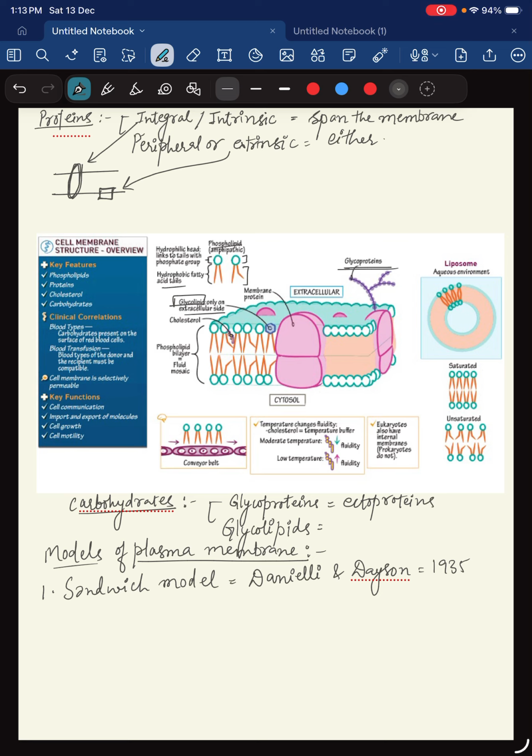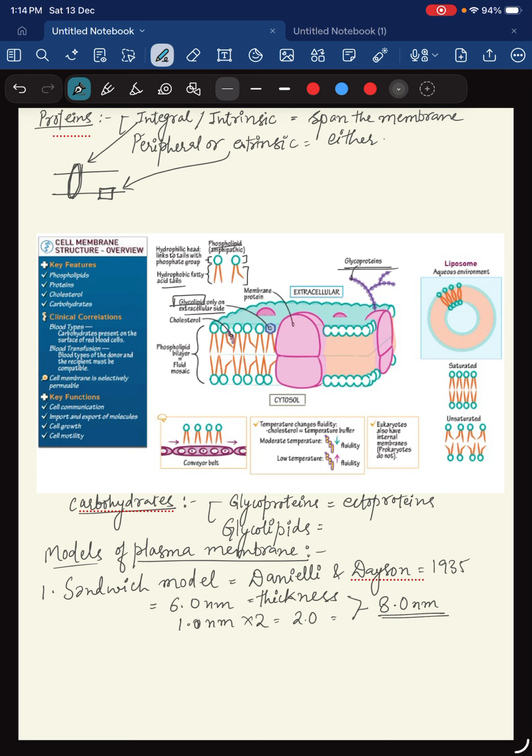They predicted that the lipid membrane is 6 nanometers in thickness, and each protein layer is about 1 nanometer thick, which gives a total of 8 nanometers for the plasma membrane they proposed, a lipid bilayer.